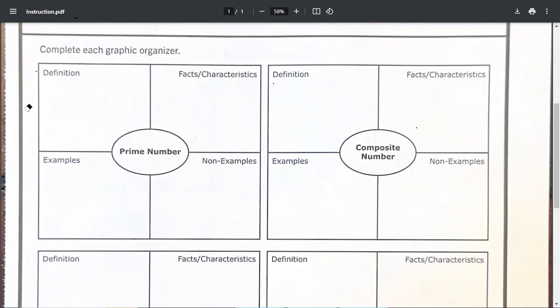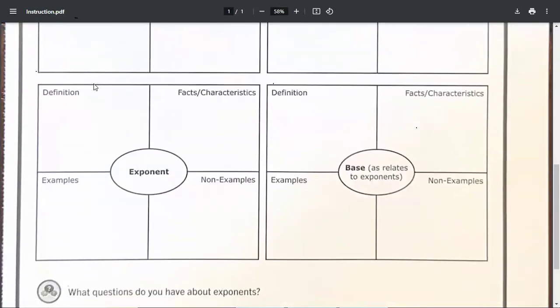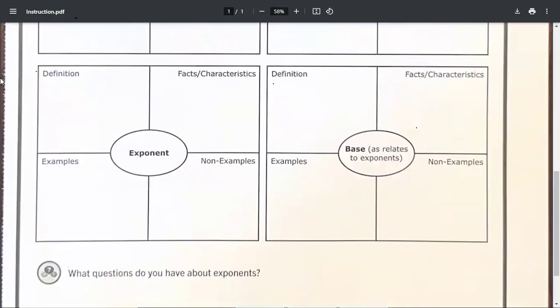All right, so I'm going to go ahead and scroll down, and you're going to see two more. It's going to be exponents and base, right? So first we talk about exponents. Now exponents are the little number that is on top, right?